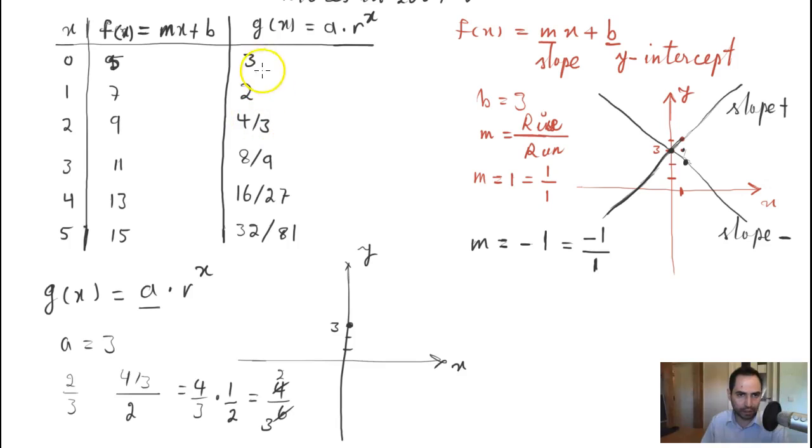Or you could say that this term has been multiplied by 2/3, and you will have gotten this 2. So this has been multiplied by 2/3, and you will have gotten 4/3, which is the next output. This output has been multiplied by 2/3, and you will have gotten 4 into 2 is 8, 8/9.